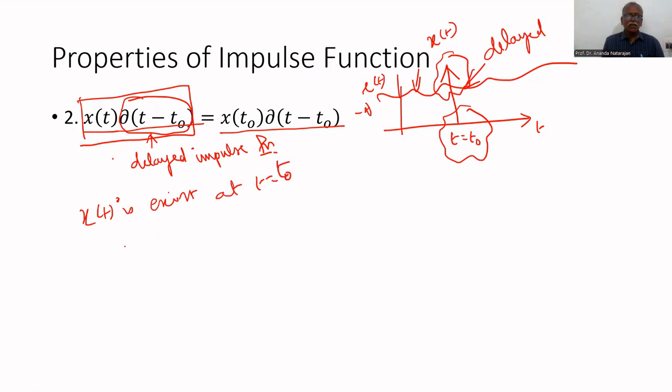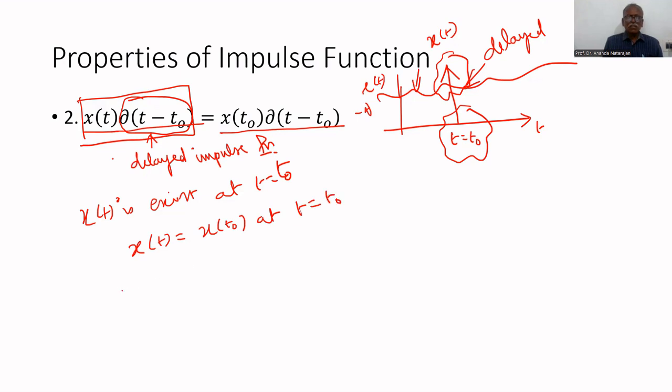Therefore, we can say that x of t equals x of t naught at t equal to t naught.